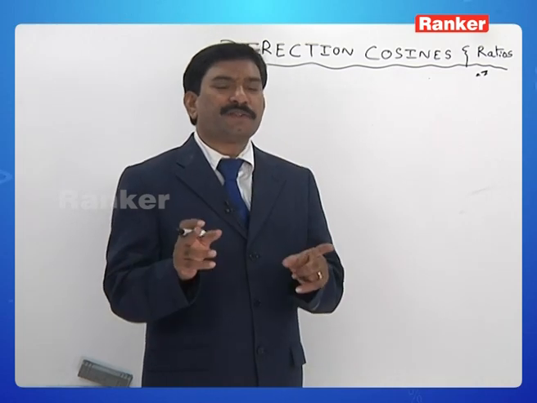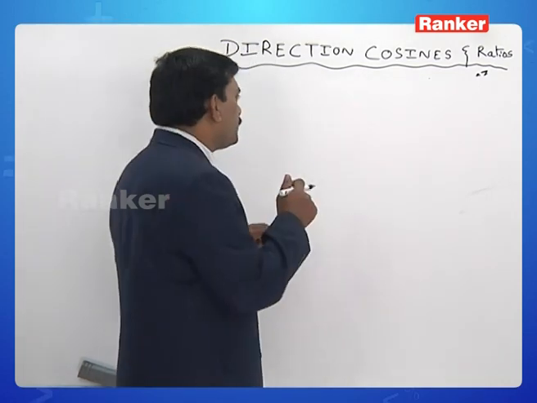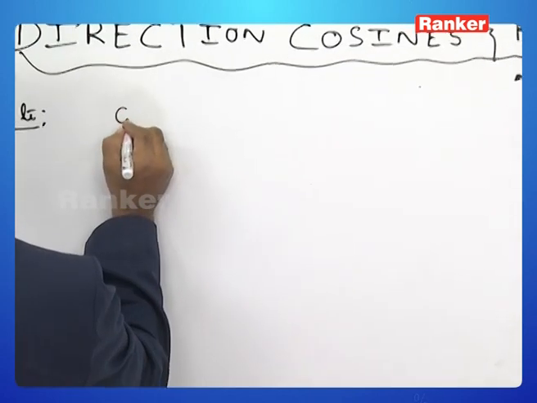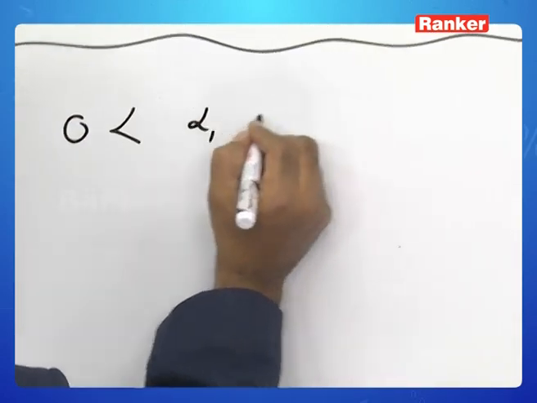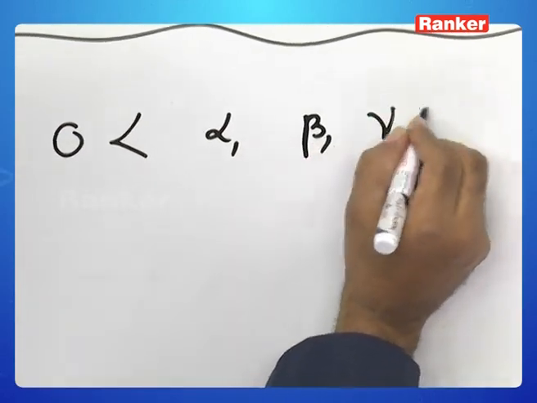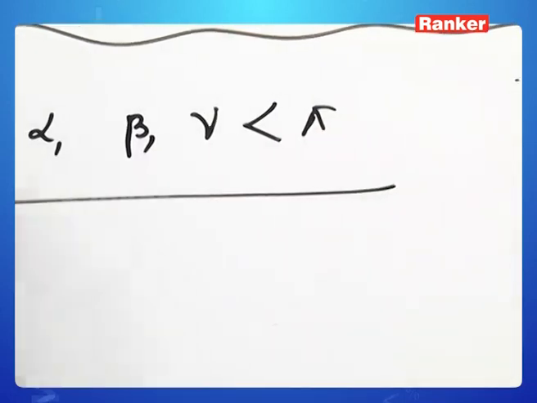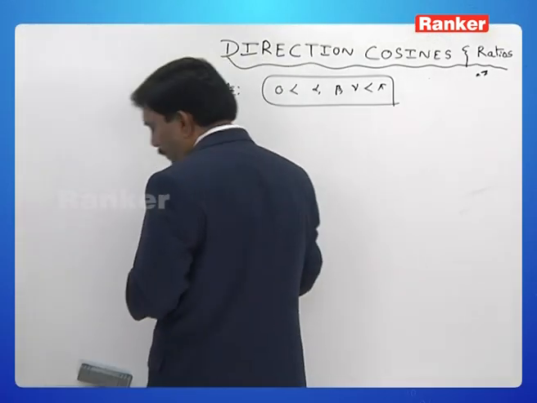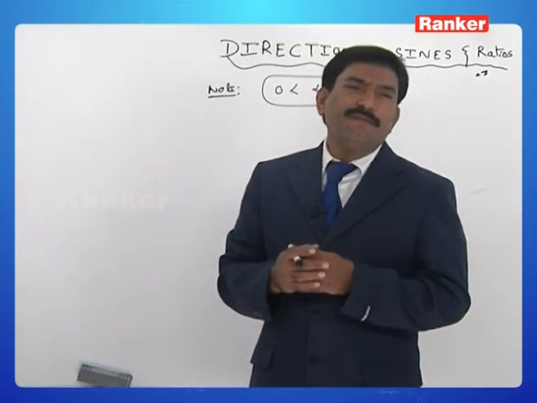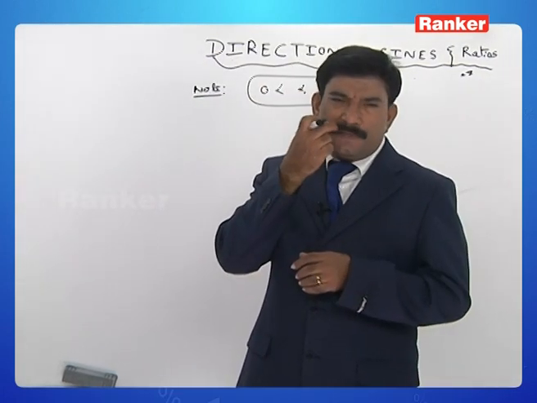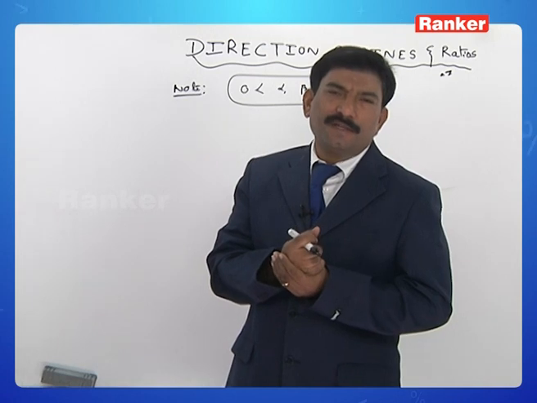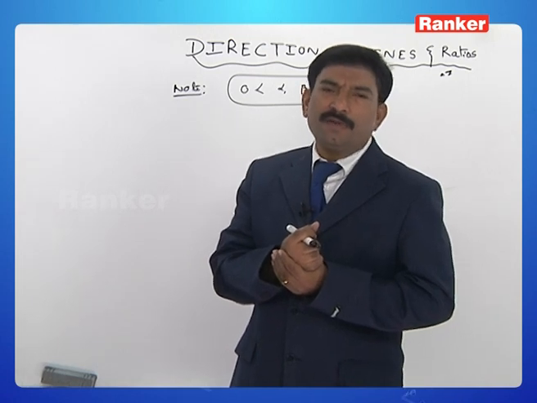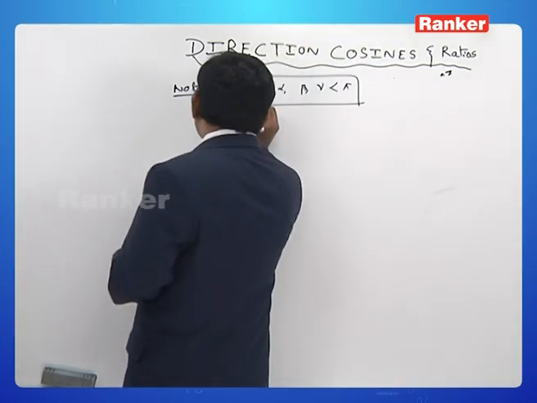They must always lie between 0 and pi, so 0 less than or equal to alpha, beta, gamma less than or equal to pi. Every such angle's cosine we call a direction cosine.